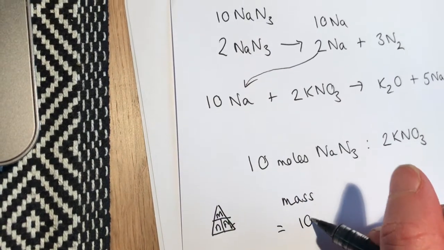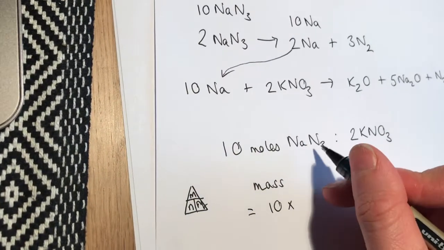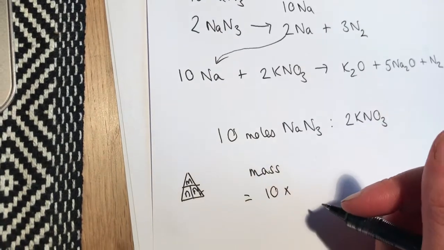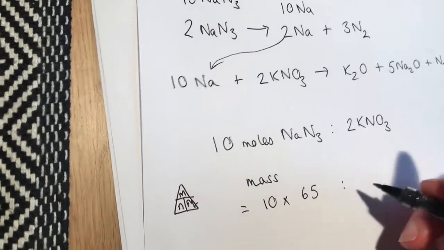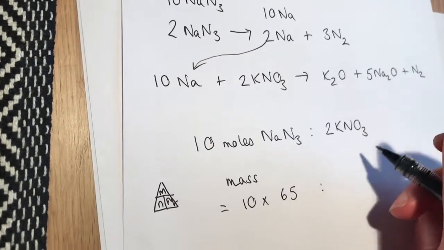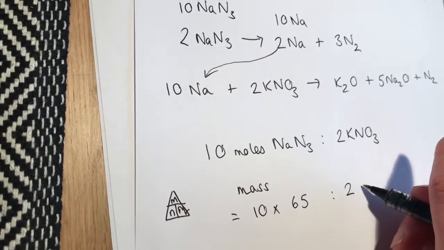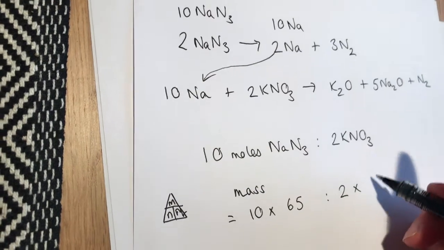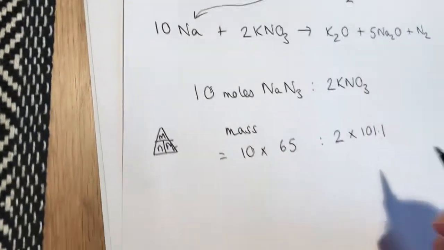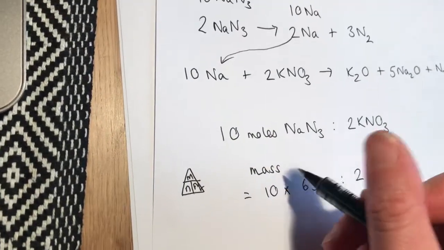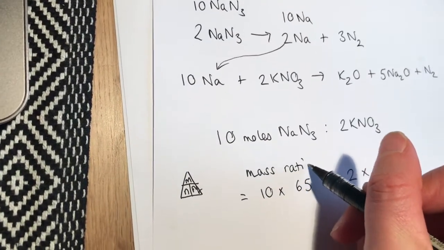We've got 10 moles times the MR of sodium azide, which is 65. If you're not sure how to work that out, you should just know how to work out an MR by now. 2 moles of potassium nitrate, and the potassium nitrate is 101.2. This is our mass ratio.